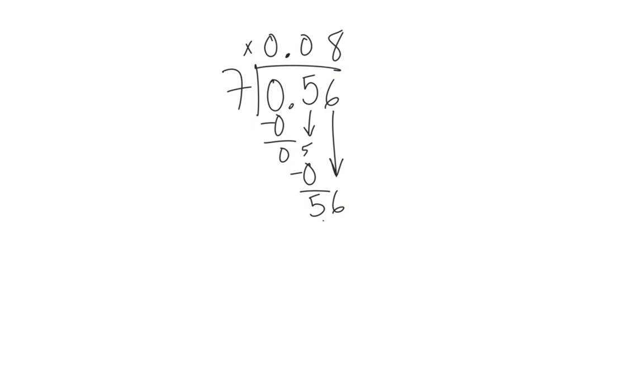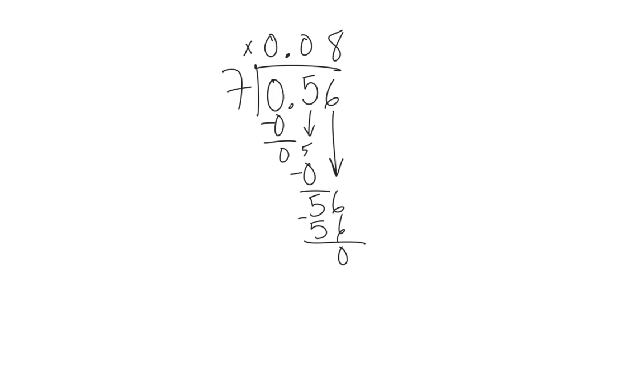So 8 times 7 gives me 56. Subtract that, gives me 0. So the reason I skip the 0 is because it kind of saves me time. But if you feel that putting in the zeros helps you out, then go ahead. Just make sure that you are doing the correct steps, okay? Ultimately, you're going to arrive at the same answer, okay?